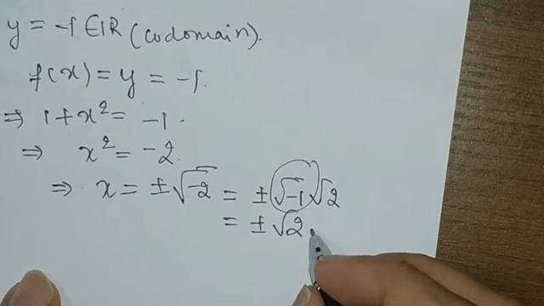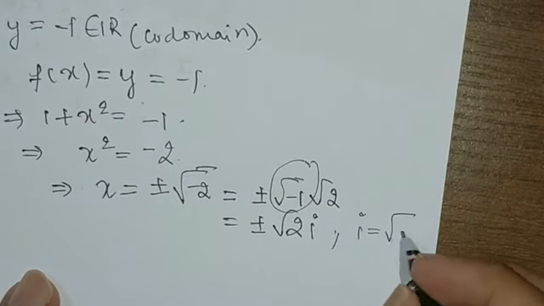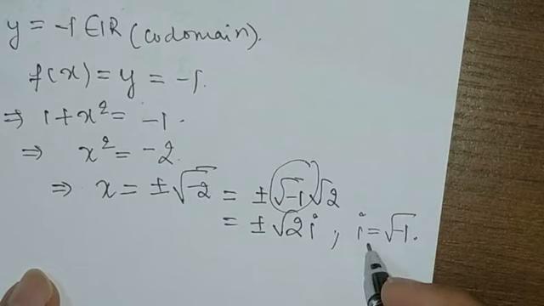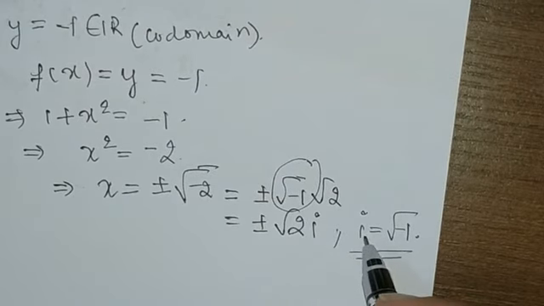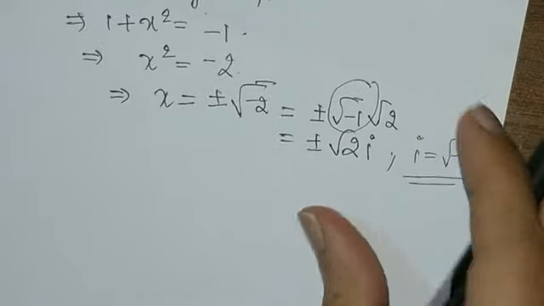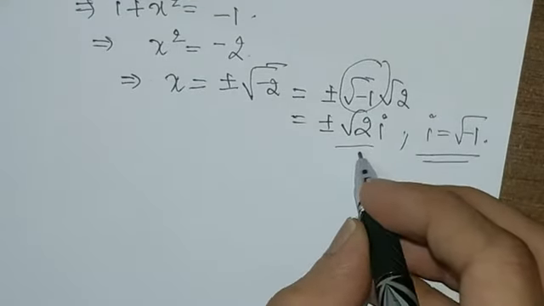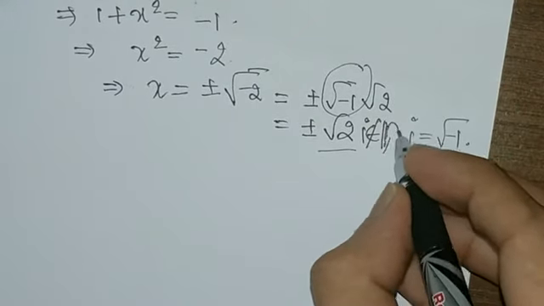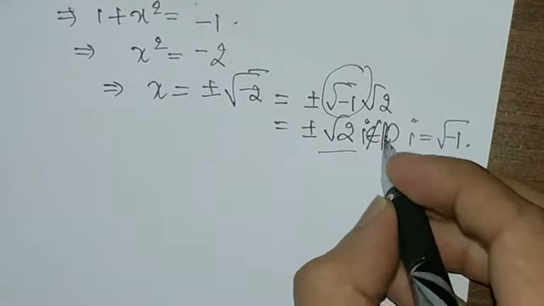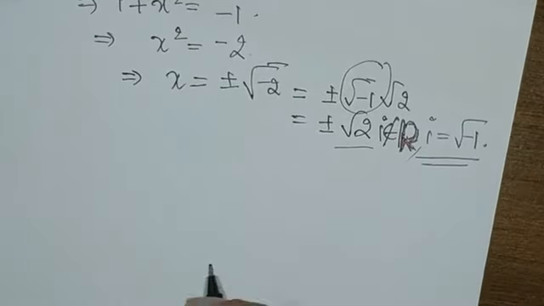You have studied in the 11th standard that root of minus 1 is iota, i, in the chapter on complex numbers. So this does not belong to the real numbers.